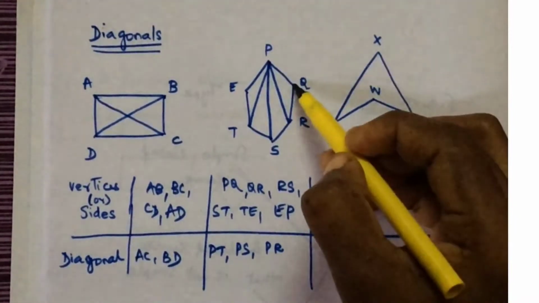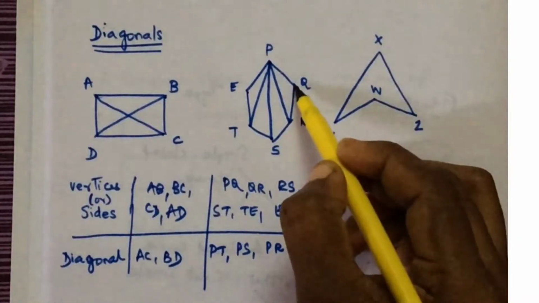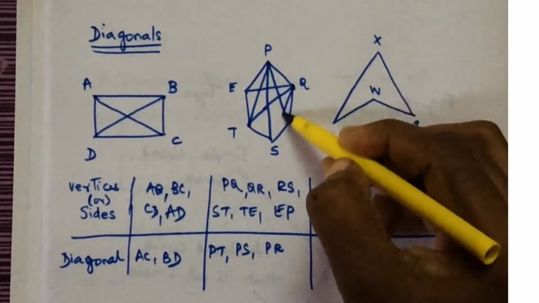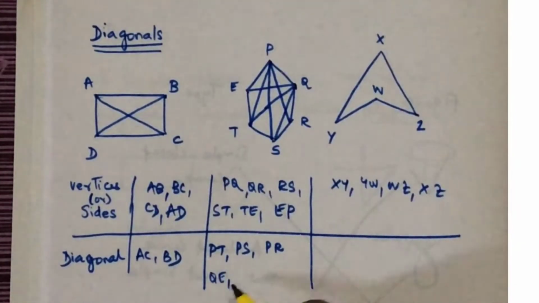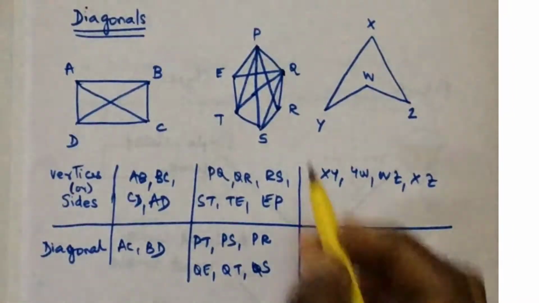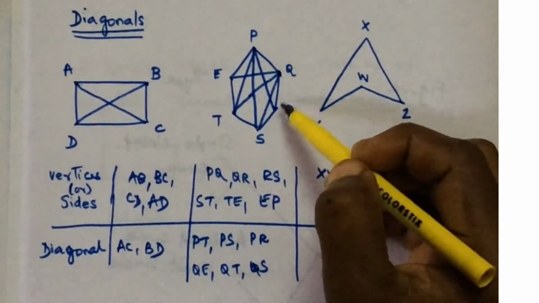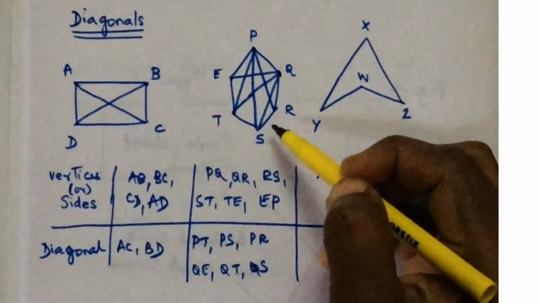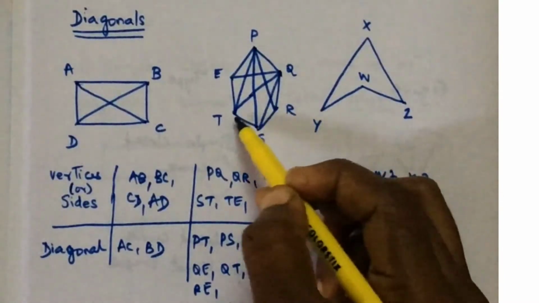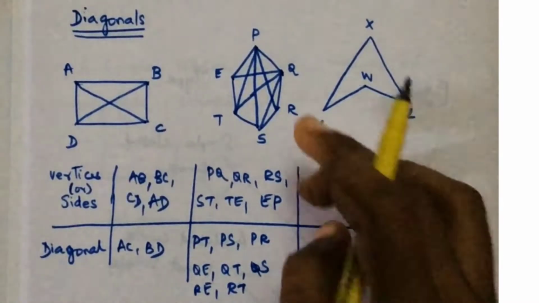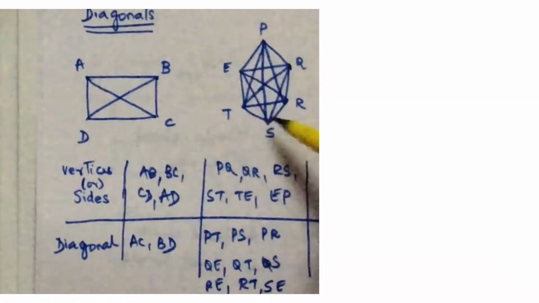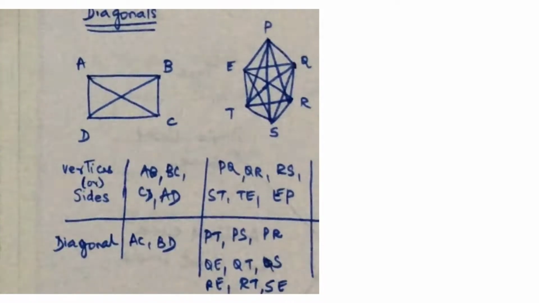Similarly, I can start from Q. I can draw QE, QT and QS. If I start from R, I have to draw to RP, which is already there, and R to E and R to T. Okay, R to P is already there. So the next is SE. SE is here. Okay, totally there are 9 diagonals here.